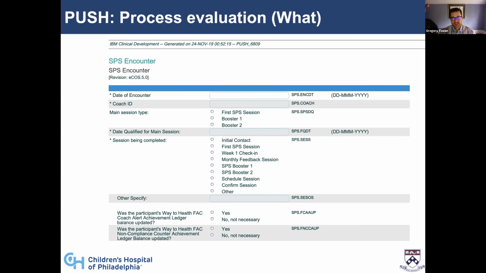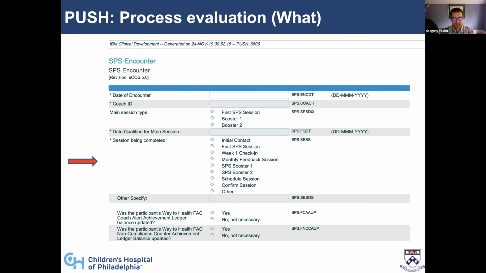I'm going to go over, similar to how we did with PKIDS, the way that we're assessing how this intervention is being implemented, and some of the qualitative aspects of the intervention, or the process evaluation, rather.